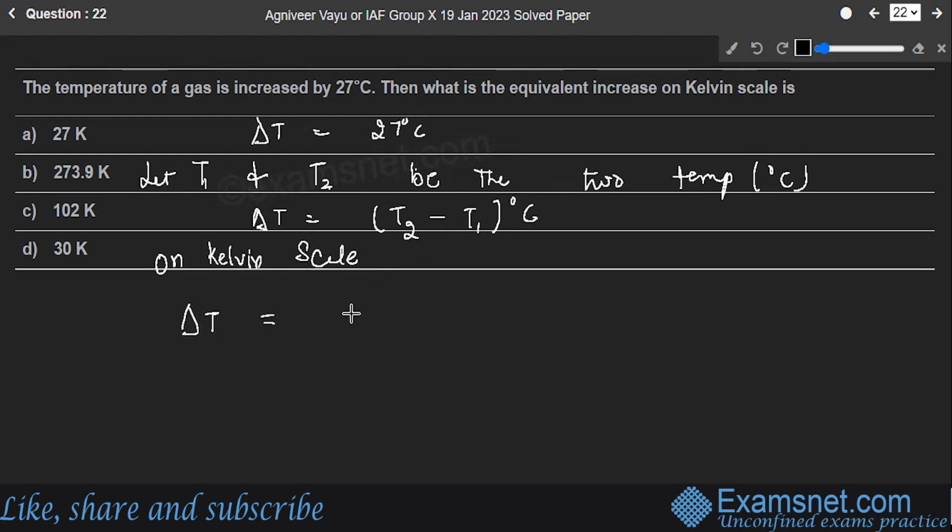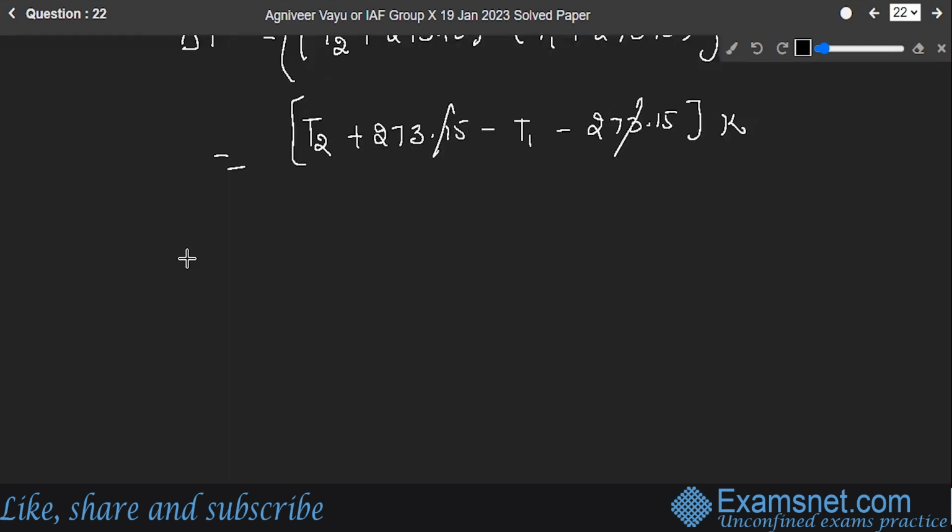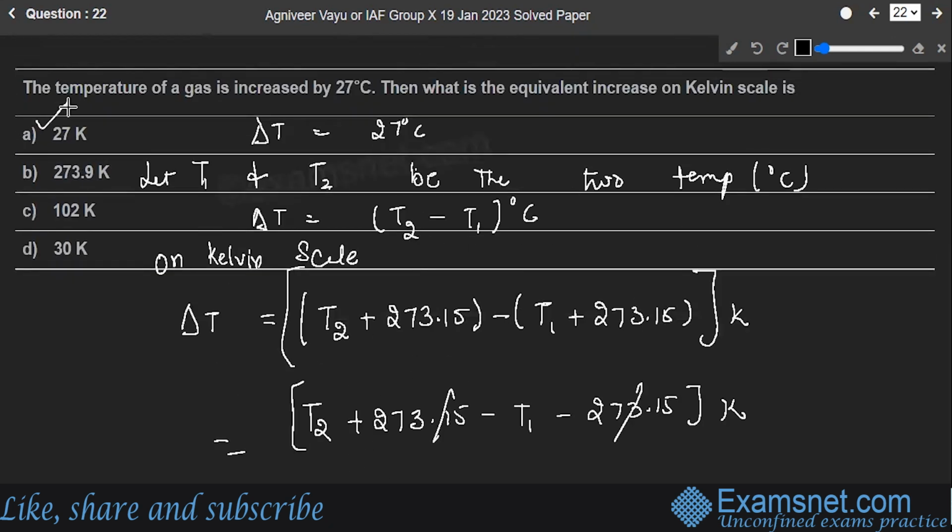So delta T will be equal to T2 plus 273.15 minus T1 plus 273.15 Kelvin. This will be equal to T2 plus 273.15 minus T1 minus 273.15 Kelvin. These two will cancel, and you will have T2 minus T1 Kelvin, which was already equal to 27. Therefore, the equivalent increase in the Kelvin scale will be equal to 27 Kelvin only. Option A.